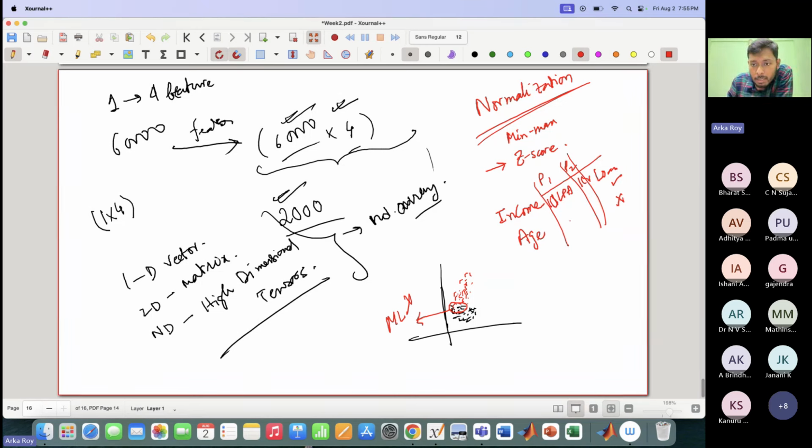But age is, let's say, 23 years for this person, and person 2 has an age of 65 years. When you use this data, you can see that you have a very high value, 1 crore. In respect to 1 crore, 10 lakh is a very low value.